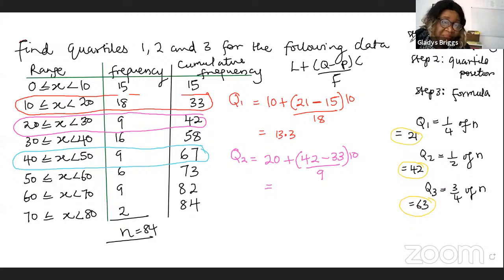Is it 30? 30. Good. Okay, so now let's have a look at quartile 3, okay?